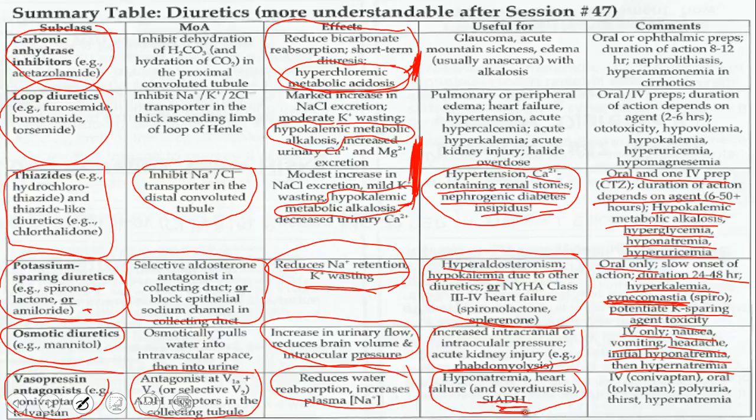ADH stands for antidiuretic hormone. And also it can be given IV. Conivaptan is IV, or oral is tolvaptan. Think toll, T for talking. Talking happens in your mouth. I don't know, maybe that'll help. Remember polyuria, thirst, and hypernatremia.